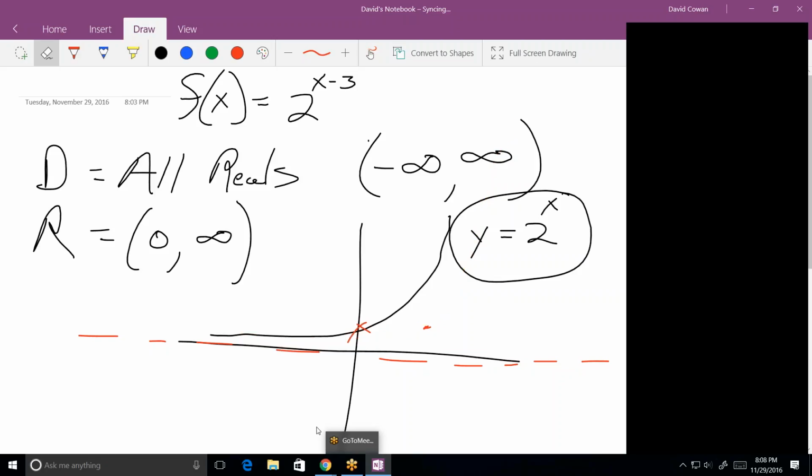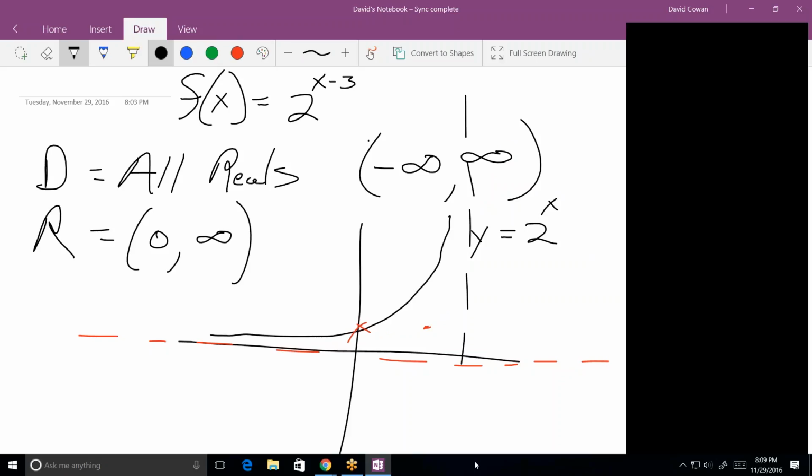Even if we look at my function, y equals 2 to the x, one could imagine that maybe there's a vertical asymptote like that, but there isn't. If you look at y equals 2 to the x, as x gets bigger, y gets bigger, always. You make x 100, y is a big number.